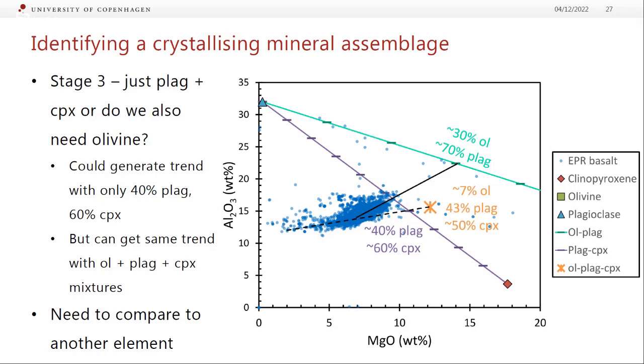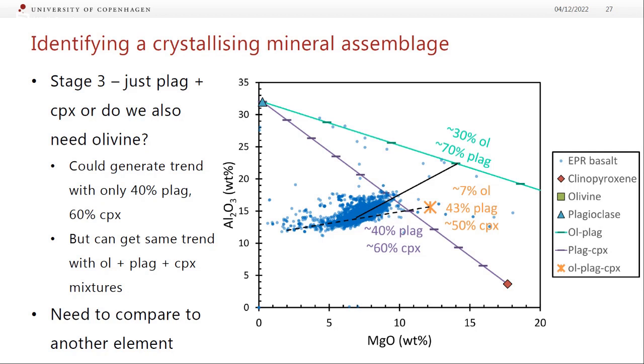So after the calcium starts dropping, which was somewhere below 9%, it sort of flattens out in aluminium. Now if we project that back, using the lever rule again, we're closer to clinopyroxene than plagioclase, and 10%, 20%, 30%, 40%. So we got 40% plagioclase and 60% clinopyroxene.